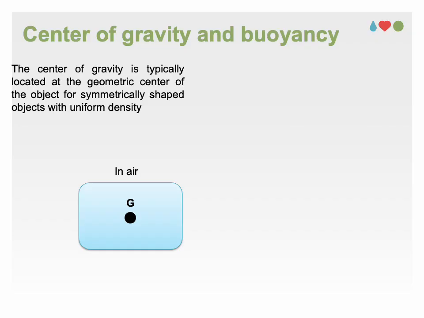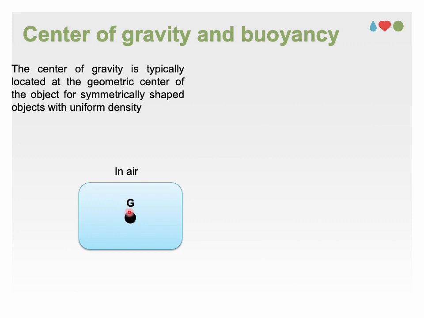Let's start. The center of gravity of an object refers to the point within the object where the entire weight or mass can be considered to be concentrated.